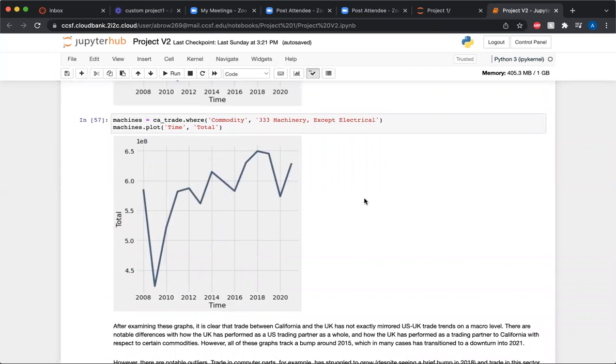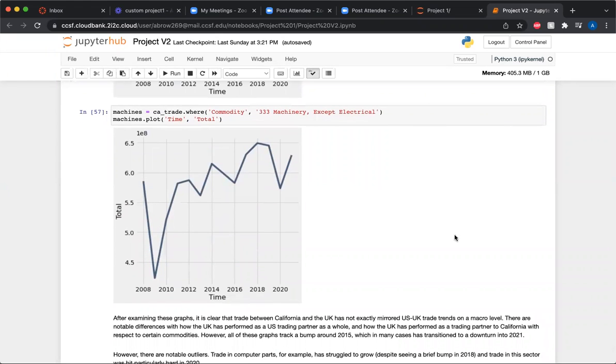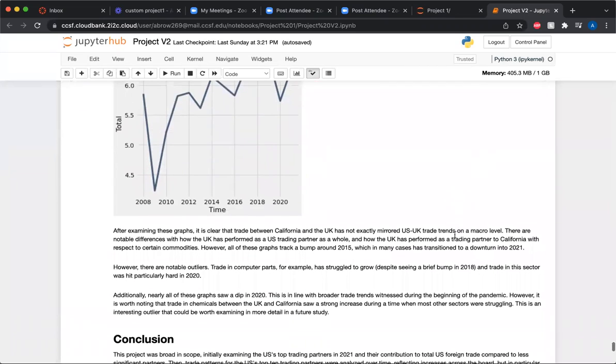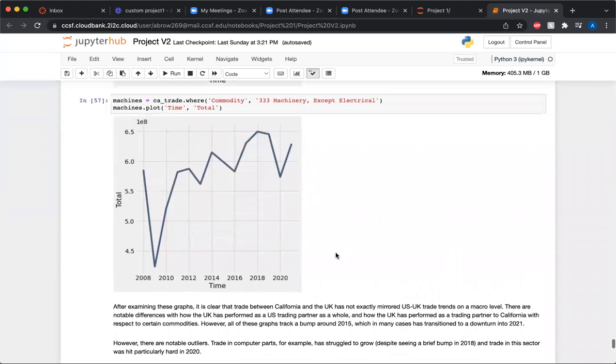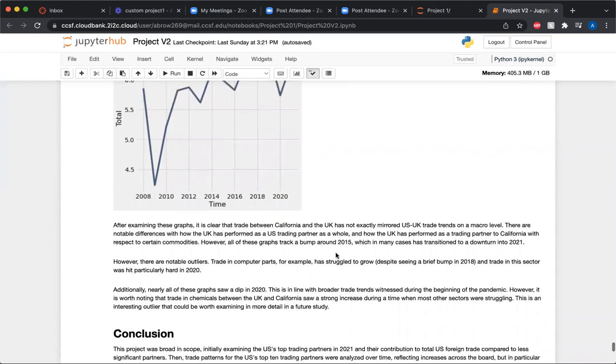Machines, different story as well, not as steady increases, big drop in 2009. But essentially, what I wanted to outline is that there are noticeable differences within specific sectors when comparing it to UK, US trade more broadly. And those are worth noting and picking out and looking into in more detail.